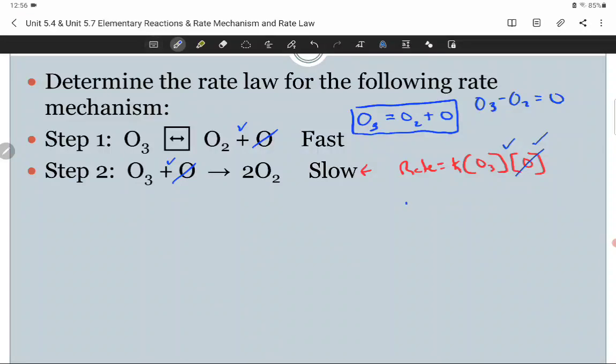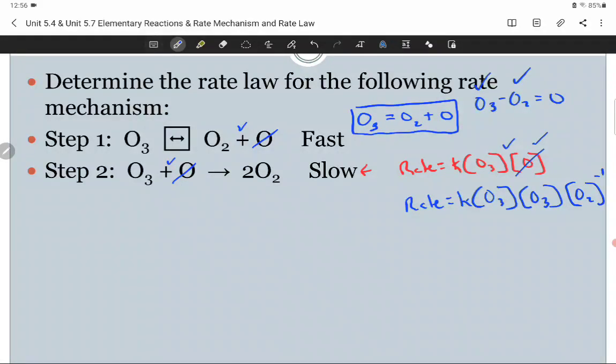Okay, so our rate would be K O3. We had that before. And then where we had O, we would have to put those two things in with their coefficients. So there's my O3 to the first, and there is my O2 to the negative first.